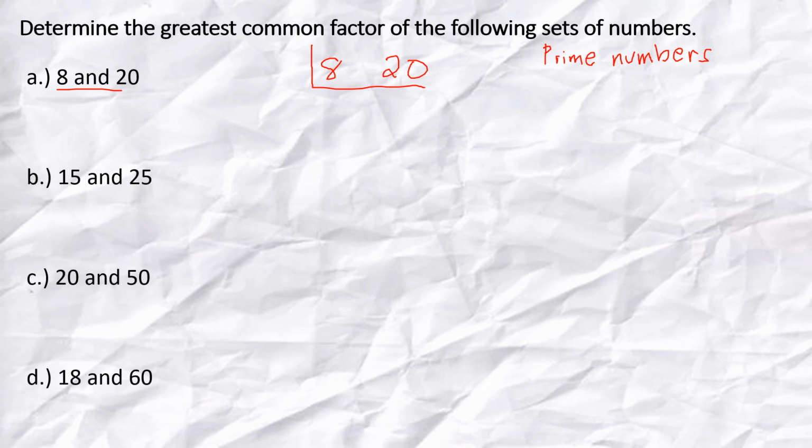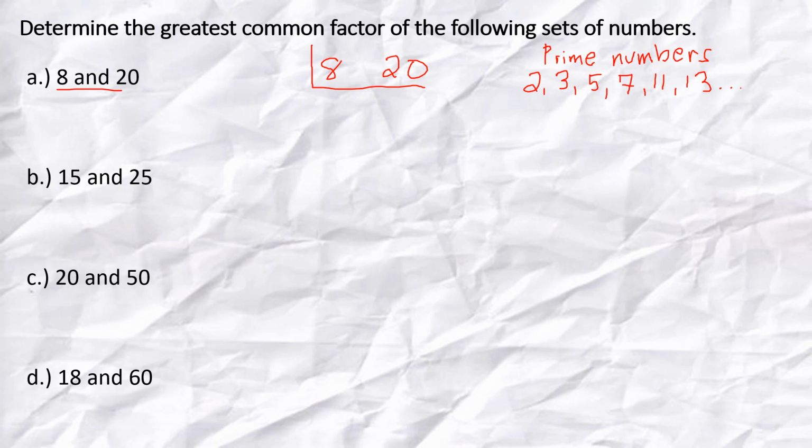When we say prime numbers, these are numbers that have only two factors, itself and the number 1. For example, 2. 2 has only the factors 1 times 2. Also, we have 3, 5, 7, 11, and 13, and so on and so forth.